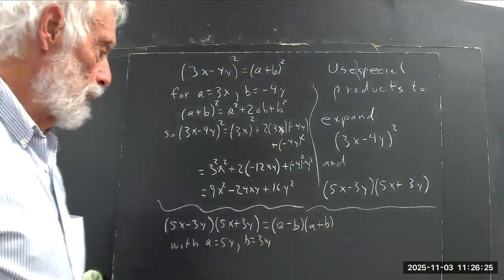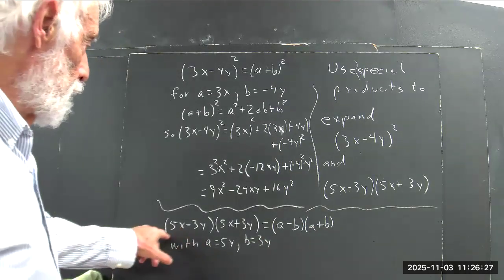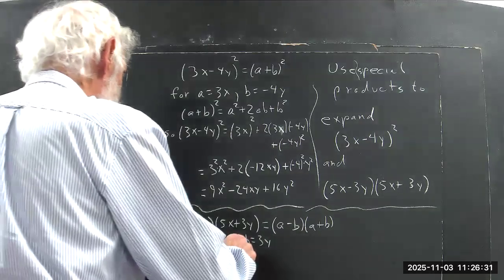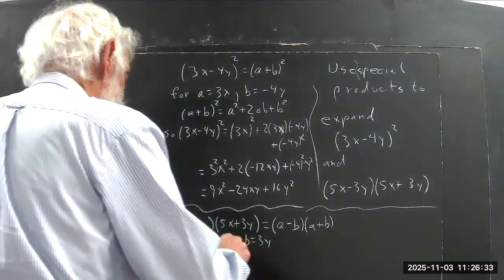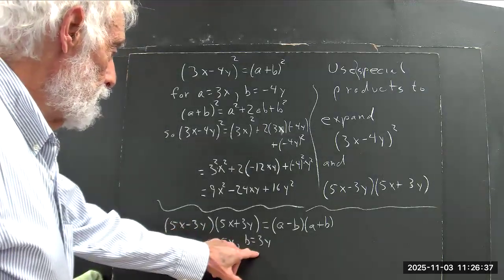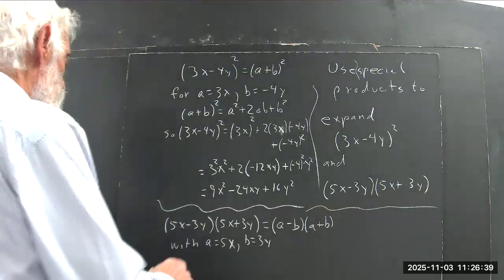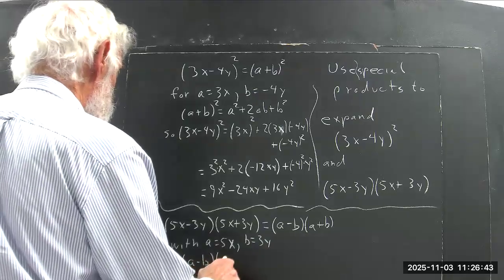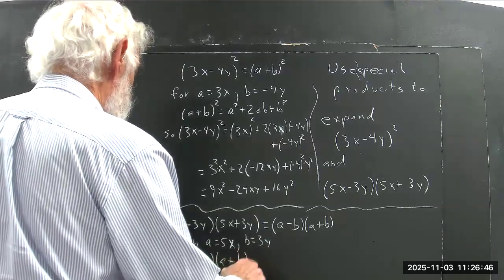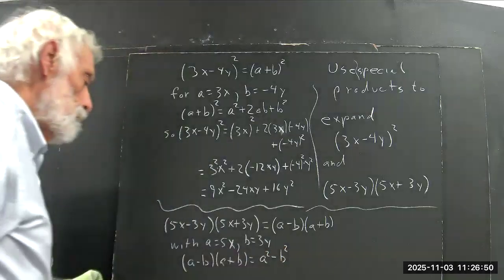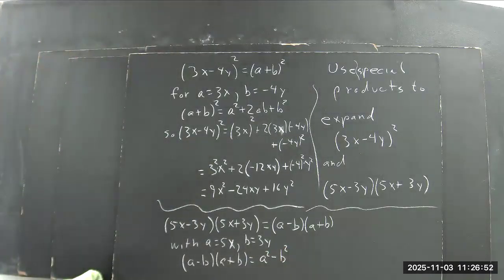Okay, well, this is a minus b times a plus b, with a equal to 5x, sorry, and b equal to 3y. There's your a, there's your b. Now, a minus b times a plus b equals a squared minus b squared.